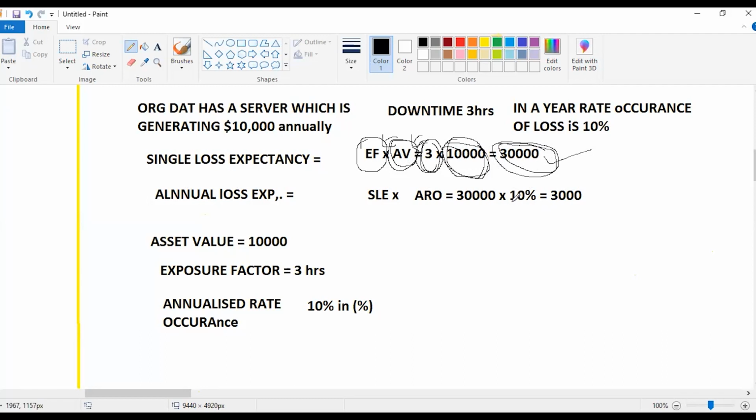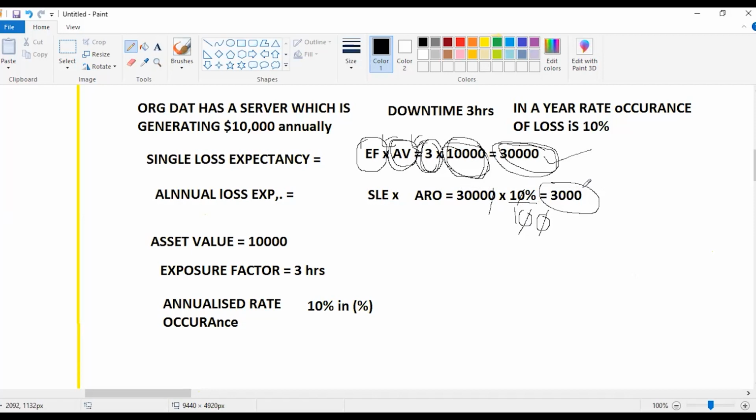You can write 10% as a fraction; strike out the zero, so in 30 there remains three zeros. That's how we get $3,000.